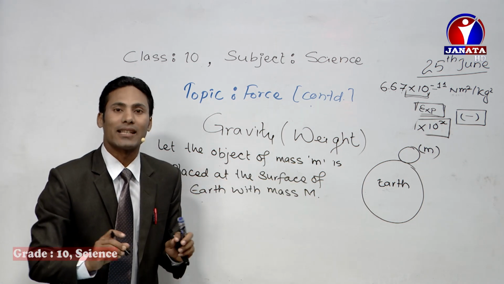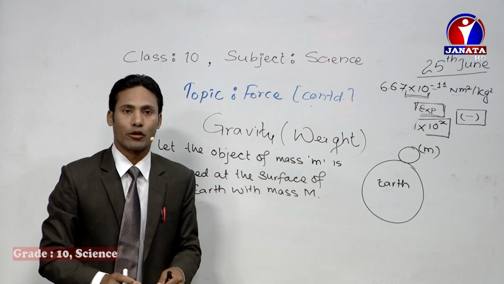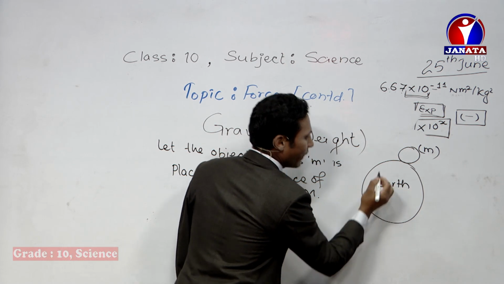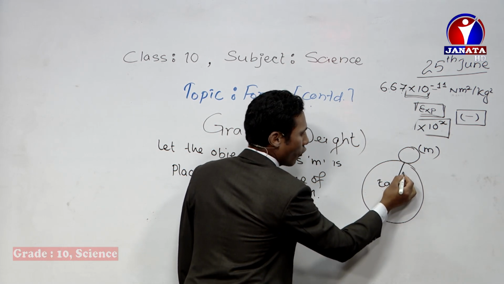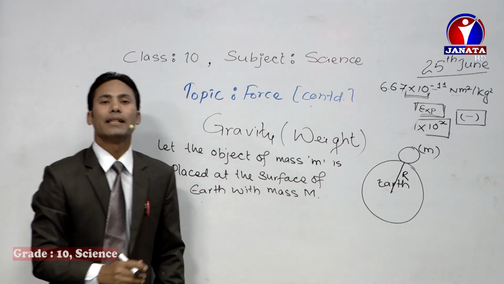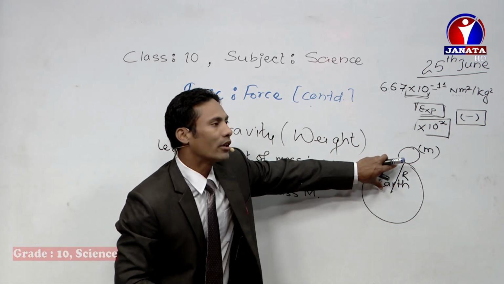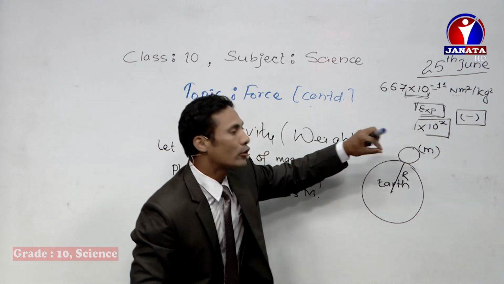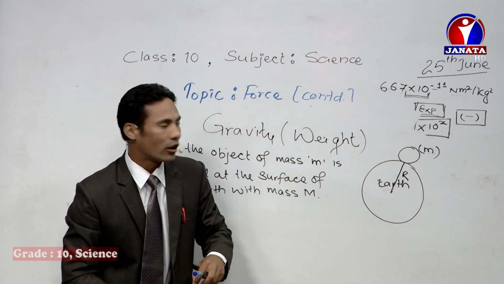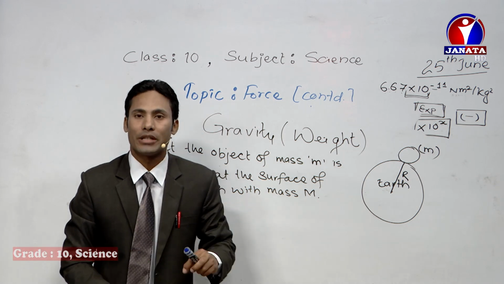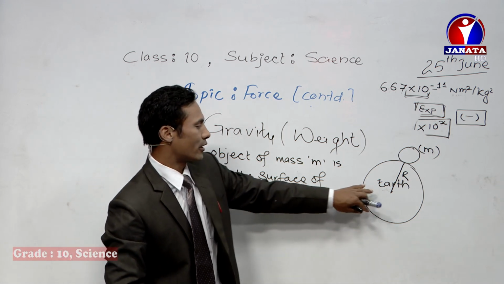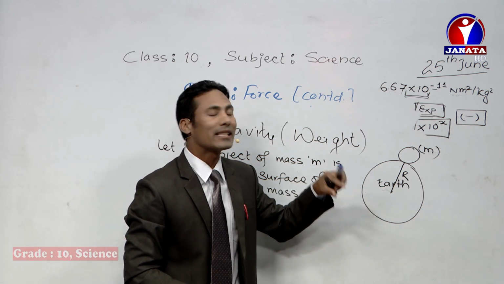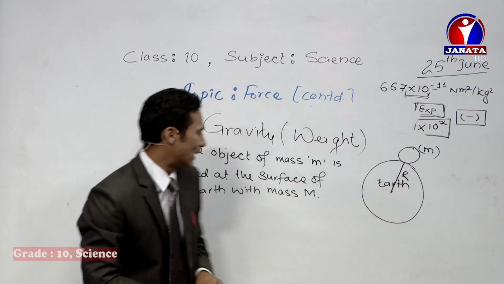That is a general assumption, or a standard you can say. Okay, and now look here, the distance between them is the radius of earth R, right? Why? Because the object is very small, so the radius of that object is negligible in comparison to the radius of the earth. That's why we consider the distance between them the capital R.